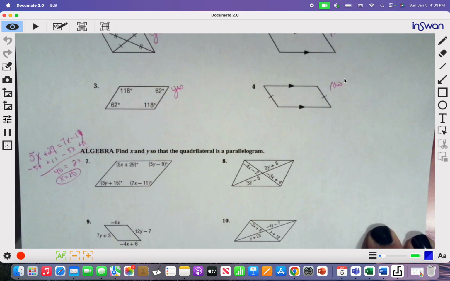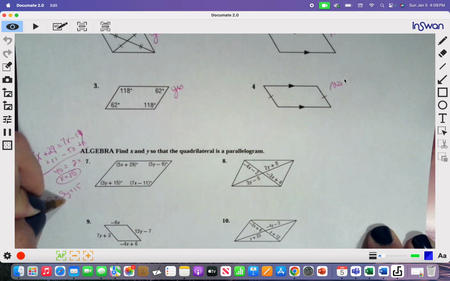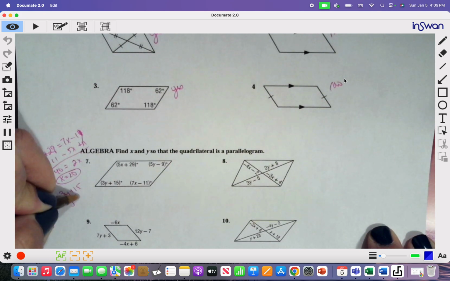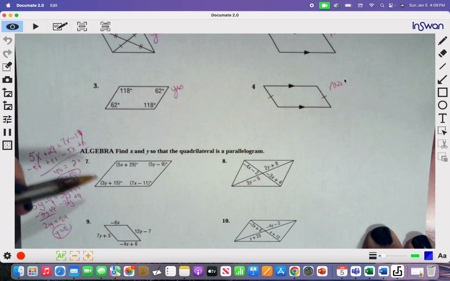So x equals 20 there. And then same thing diagonally for the y. 5y minus 9 equals 3y plus 15. So we get 2y equals 24, so y equals 12. So we have this one done.